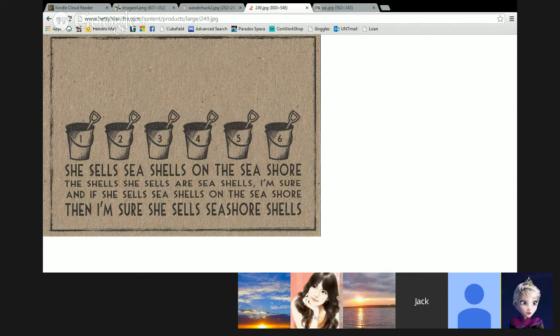So this poem right here is a really good practice of the difference between the sh and the s sounds, if any of you have a problem with that. This is actually one of the hardest tongue twisters for me personally. And it sounds a bit like this. She sells seashells on the seashore. The shells she sells are seashells, I'm sure.